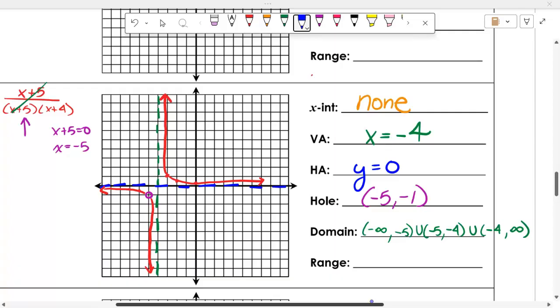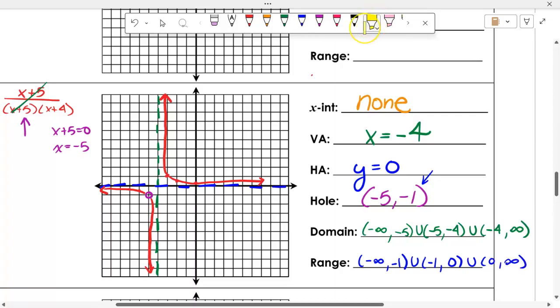So that's going to get me my range to be negative infinity to -1 because it's the y value of the range. That's where my hole is located, is in that y value. Okay. And so it's going from that union -1 to 0, because that's my horizontal asymptote, union 0 to infinity.